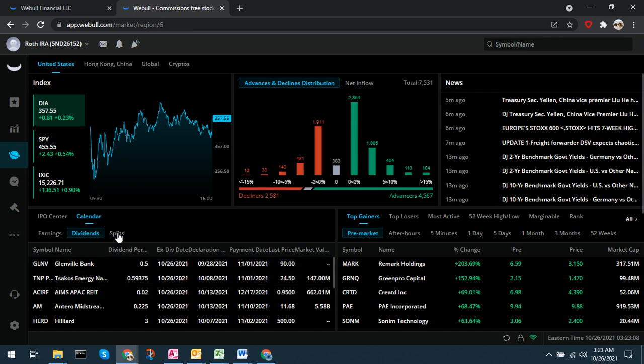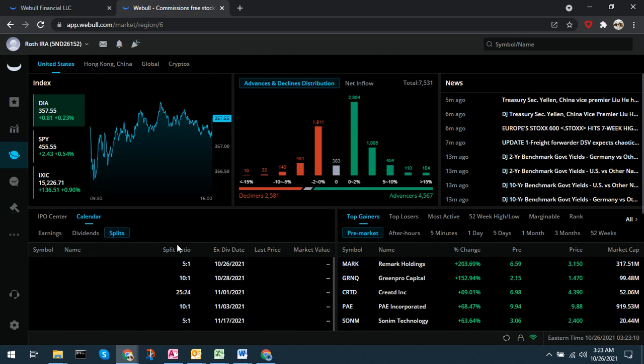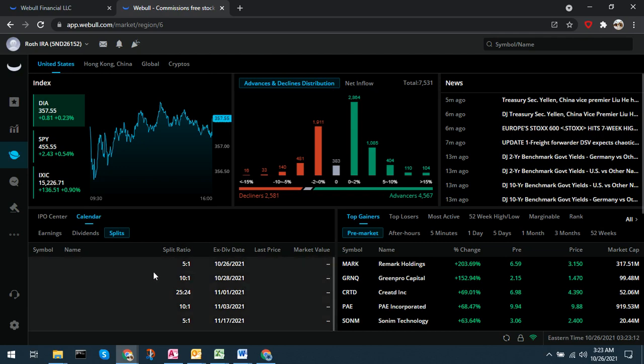We can also see any splits that are currently scheduled. We don't have currently any. If there were any planned splits, it would show the ratio of the split. It would show when that split is going to occur. So the ex-div date for the split is the date after which the split occurs.